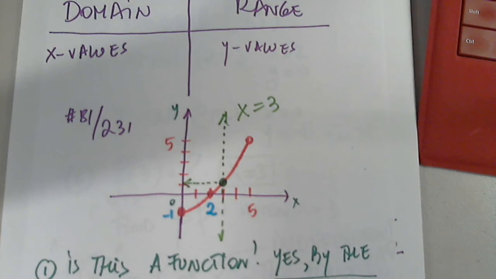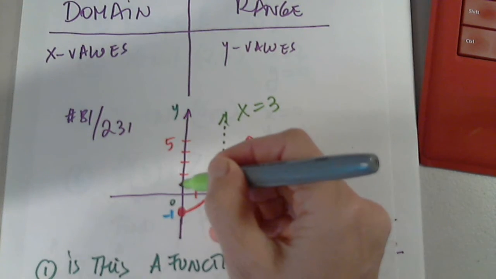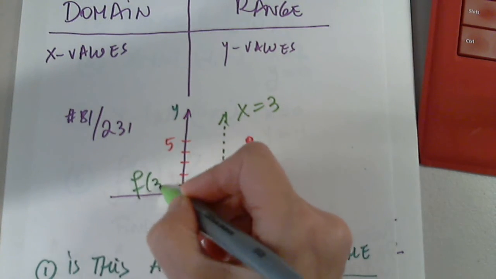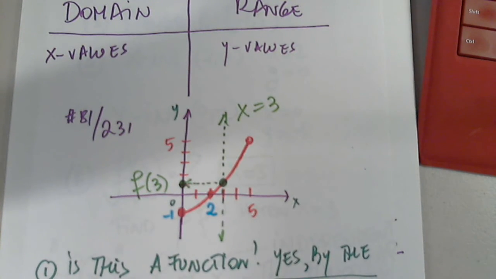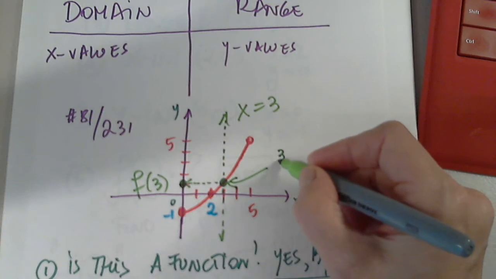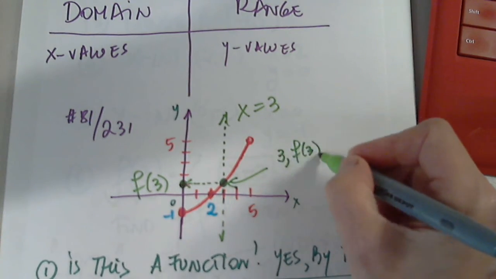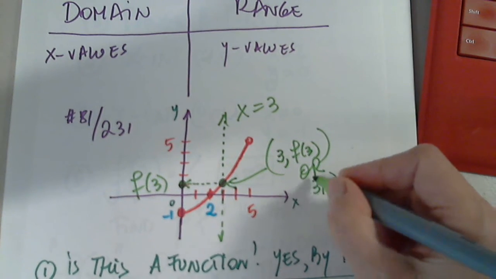From the actual graph I don't know what it is, but I graphed it close enough. So this value here will be f of 3. So the coordinates of the point are 3, f of 3, or 3, 1.